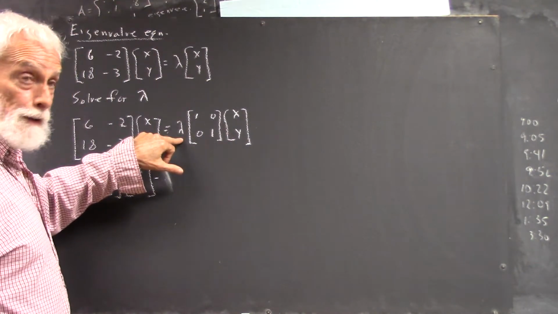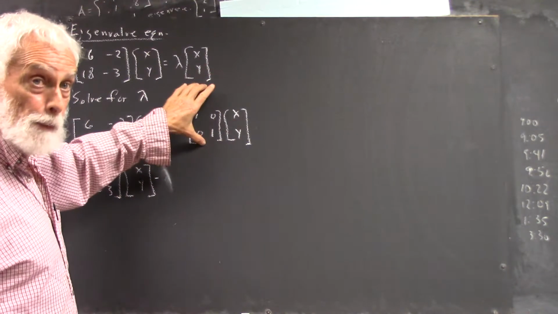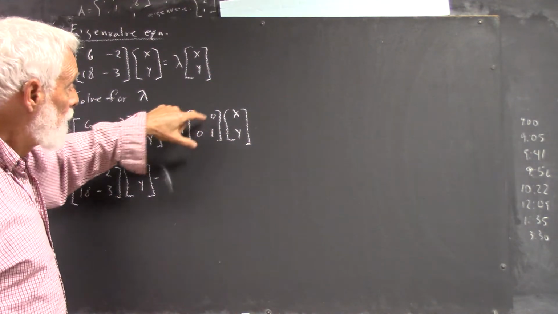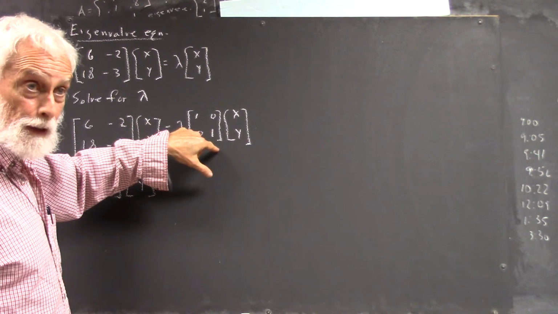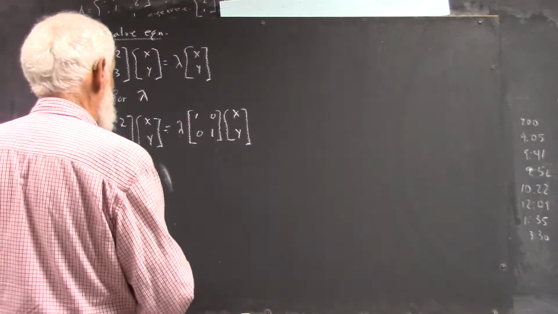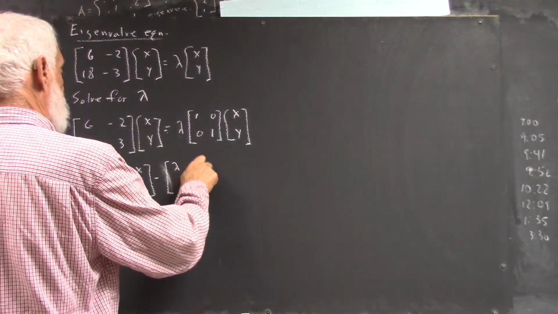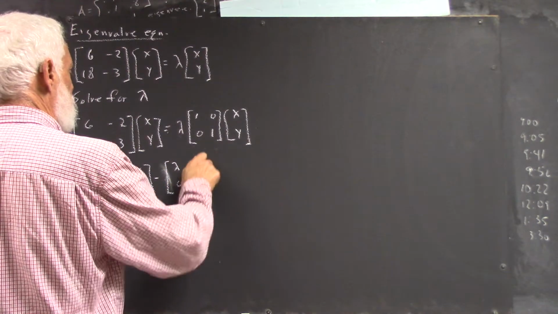To multiply a number through a matrix, you just multiply every number in the matrix by this number, right? So this would be lambda 0, 0, lambda. I'm going to skip that step because it's fairly obvious if you understand the rules. And of course, we're doing an introduction here.